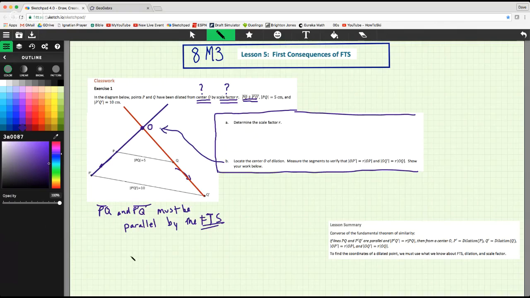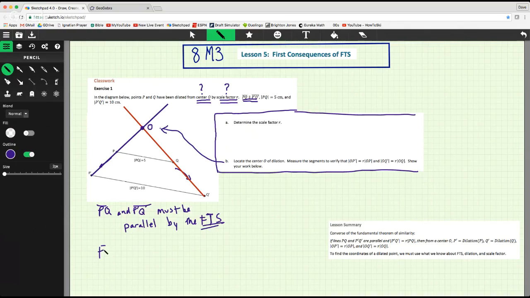Because remember, the fundamental theorem of similarity also tells us that dilated objects, let's just say line segments, are R times the length of the original.